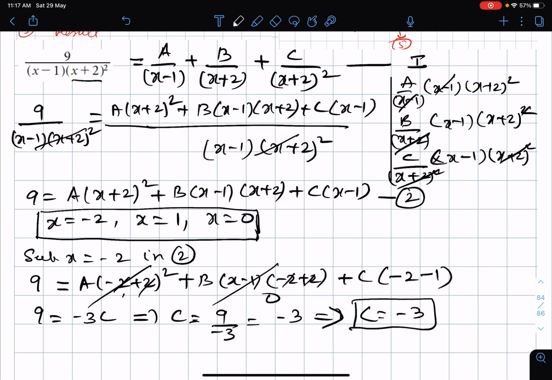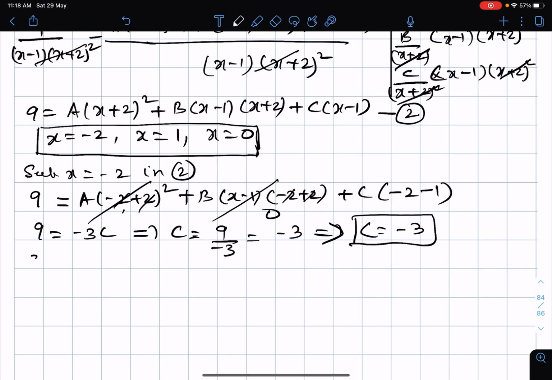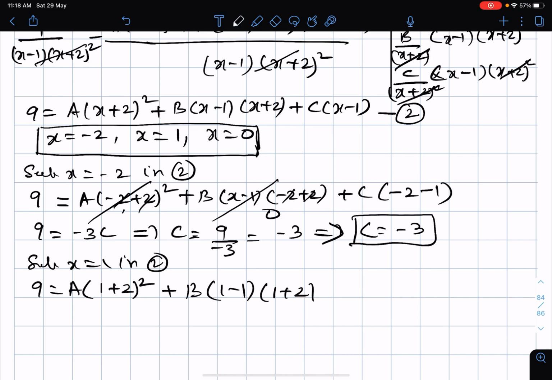Now coming to the second value, substitute x equal to 1 in 2. So 9 equals a into (1 plus 2) the whole square plus b into (1 minus 1) into (1 plus 2) plus c into (1 minus 1). So this and this get cancelled, similarly this and this get cancelled, so b and c get cancelled.